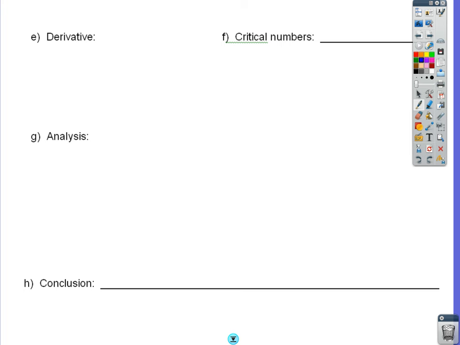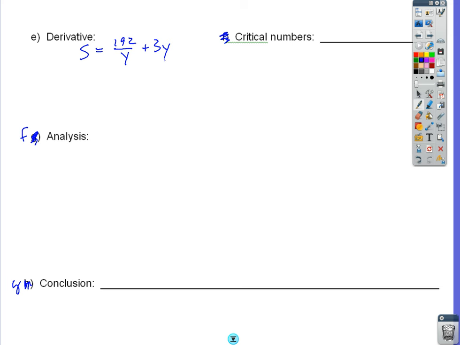Now my notes are a little bit different than yours. Yours says critical numbers for S, but in order to find my critical numbers, I need to take the derivative. I'm just going to change this back up so it matches what you have. So S is again equal to 192 over y plus 3y, and I want to take the derivative.